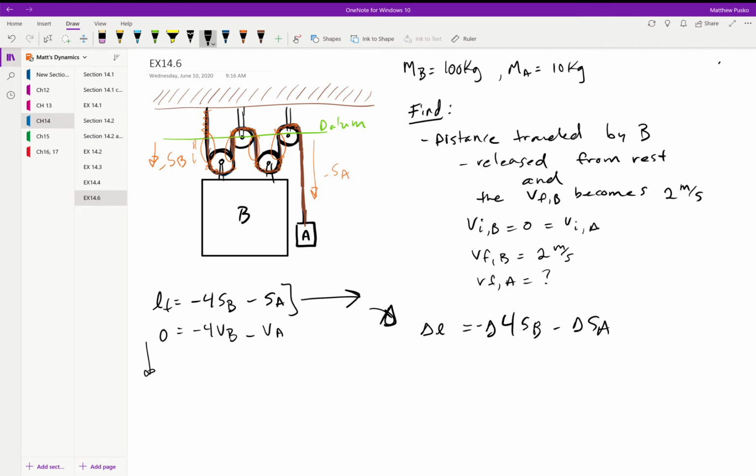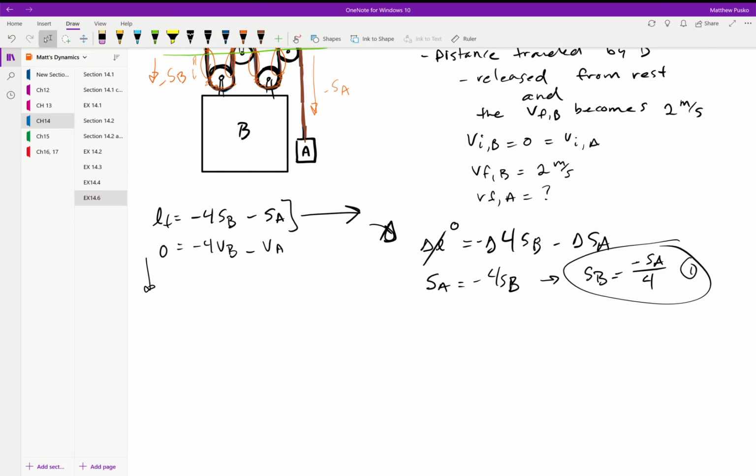Okay, now this length of the string does not change, so this ends up being 0. And we get that delta SA is equal to minus 4 times delta SB. Actually, we're going to want this to be delta SB is equal to minus delta SA over 4, and we're going to hold on to that equation.